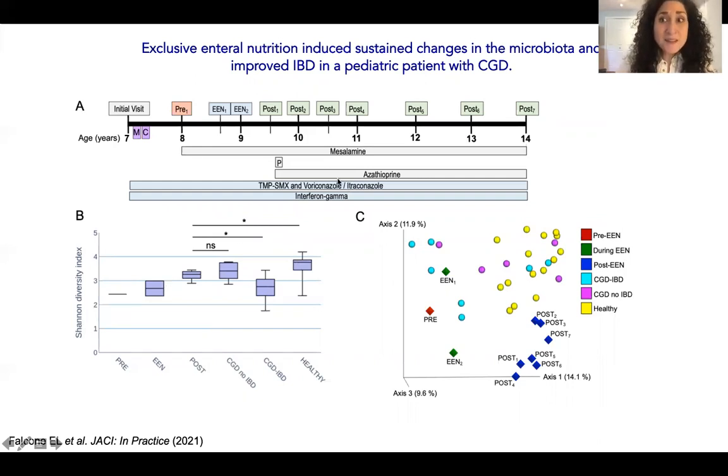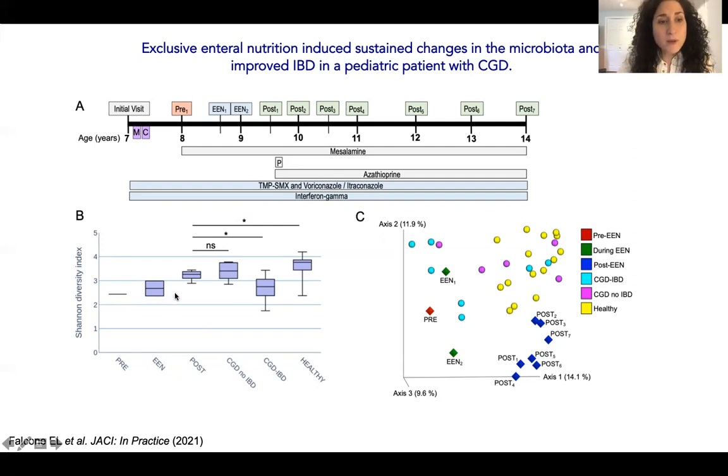That's impressive, considering that this patient was on antimicrobial prophylaxis and at certain points likely received some acute antibiotics for specific infections. Specifically focusing on the microbiota, here I'm showing you again the alpha diversity, and what we see is there is modest microbial richness pre-elemental diet and during the elemental diet.